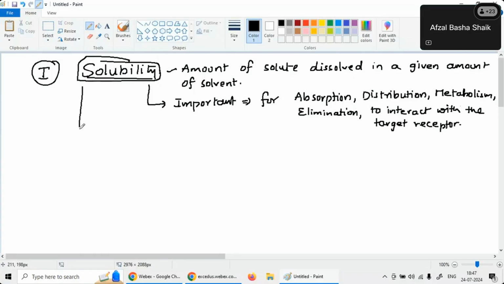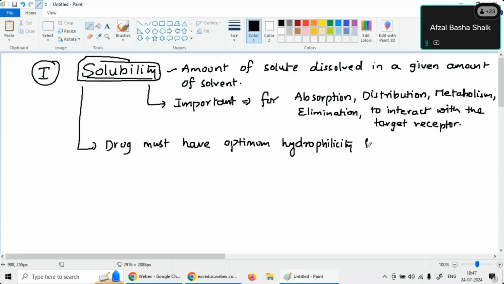And one important thing, as already discussed, the drug must have optimum hydrophilicity and lipophilicity.